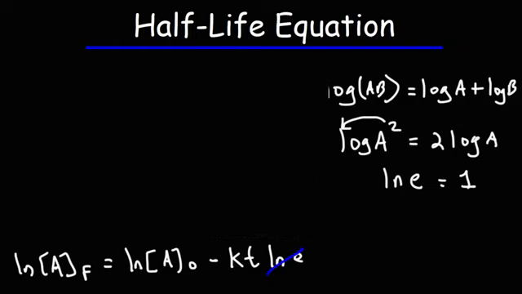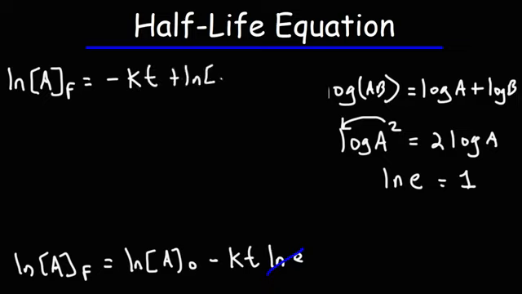Now I'm going to rewrite this equation in slope-intercept form. ln A final is equal to negative kt plus ln A initial. So this is the integrated rate law expression for a first order reaction in slope-intercept form.